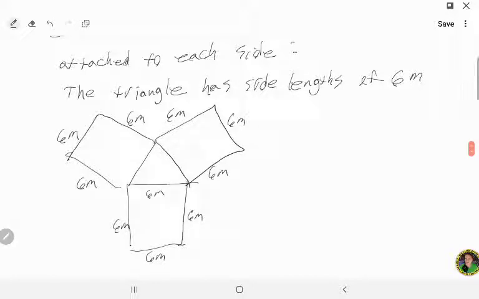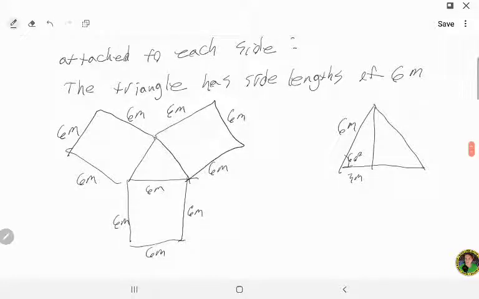But we've actually kind of seen this already. We know that the triangle has interior angles of 60 degrees. And so we cut it in half. Interior angles are 60. So we know that the side lengths are 6.